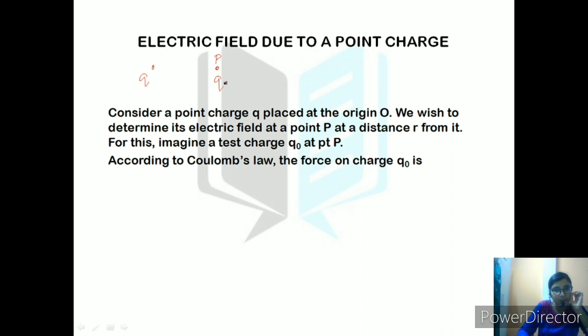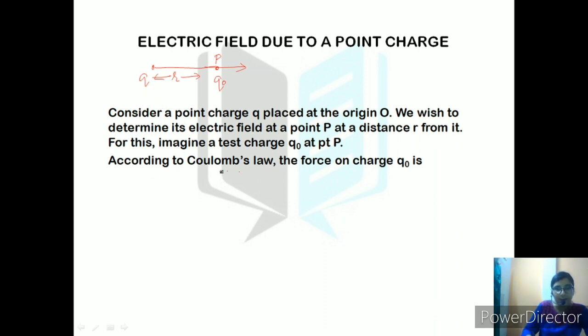We'll place a positive test charge Q naught at this point P. Then we'll find out the force acting on this Q naught. Suppose the distance between them is R, so we are imagining a test charge Q naught at point P, at a distance R from the point charge Q.